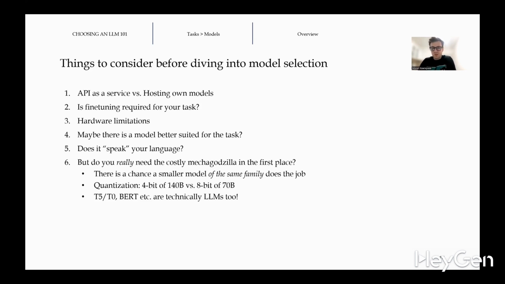Besides that, it sometimes happens that even within the same model family, the question arises, if you're familiar with what quantization is, what's better? To take a model with, say, 140 billion parameters and compress it to 4 bits, like 4-bit quality, or to take a model with 70 billion parameters and compress it with less quality loss.